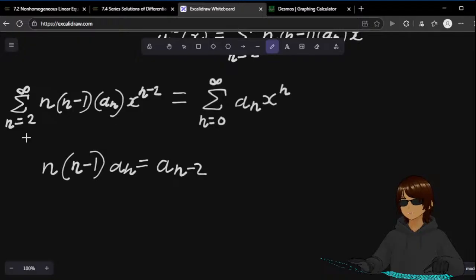If I plug in 2 over here, I get a2 next to the power of 0. If I plug in 0 over here, I get a0 x to the power of 0. x to the power of 0 and x to the power of 0, they match. But then a2 and then there is a0 here. So I have to add 2 here. Isn't that right?